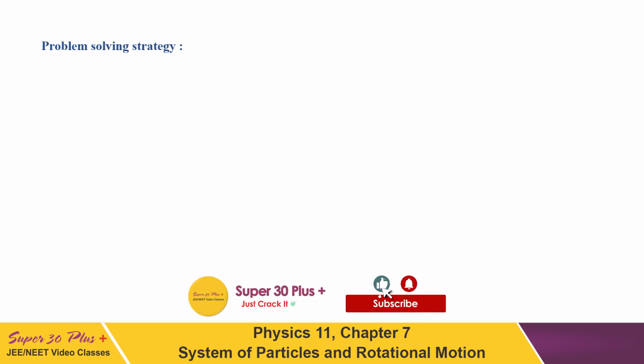What has to be kept in mind is, first, we have to draw the FBD. As in the case of translational motion, here also we first draw the FBD, because when all the forces are shown, only then can we write the laws of motion for translation as well as rotation.